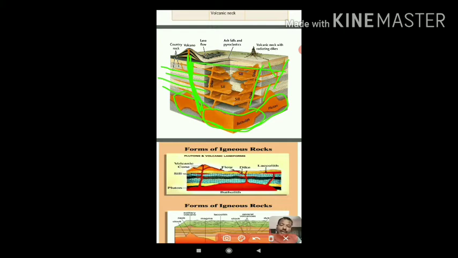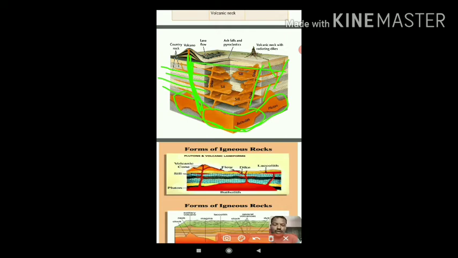Because batholiths have an enormous amount of heat and pressure, the parent rock is also melted in the batholith, creating a very large, huge mass of igneous intrusion, which is nothing but the batholith.